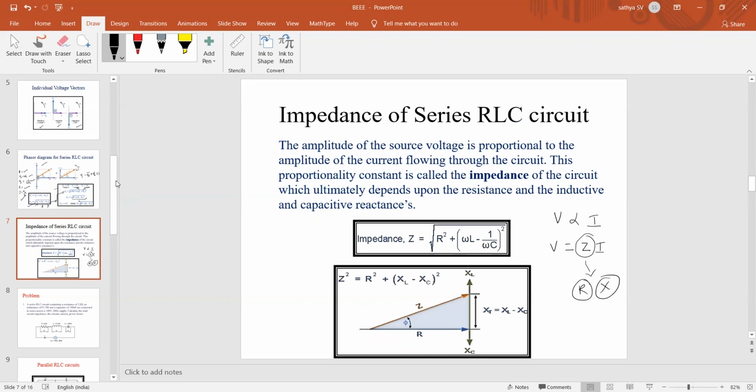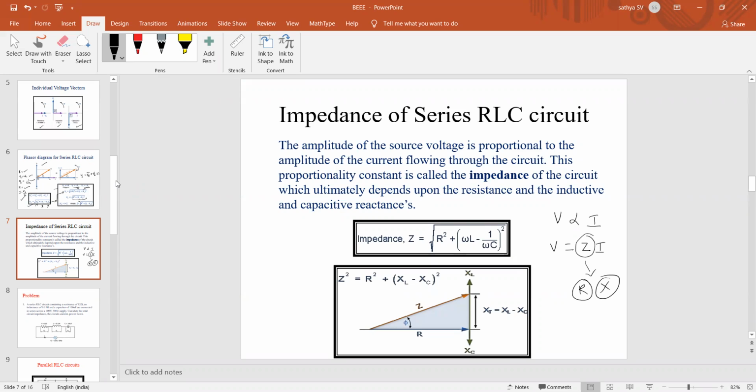The imaginary value varies based on circuit connection. Your resistance value remains the same, right? If you take RL series, it will be different. RL parallel different. RC series different. RC parallel different. RLC series different. The value of Z varies according to the circuit connections and the components presented in the circuit.